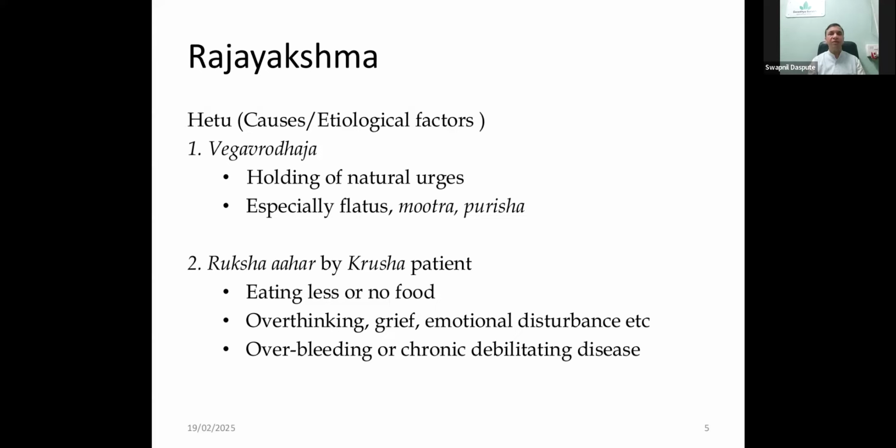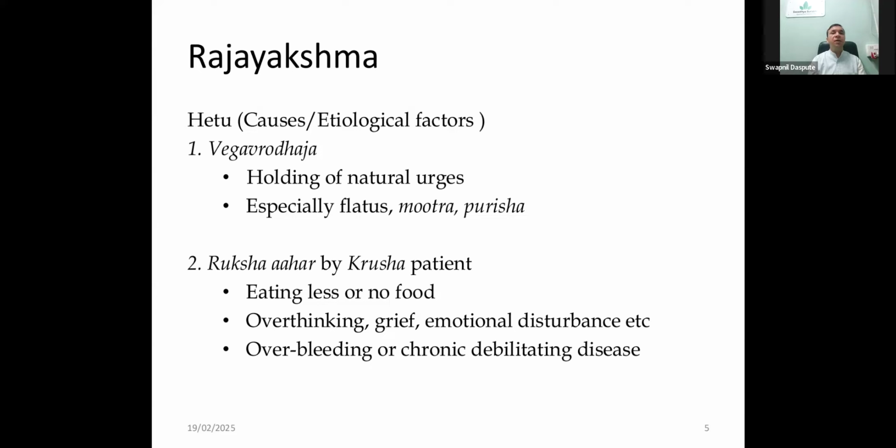If you have done a lifestyle change or taken a food item opposite to the concern, then it will subside immediately or over some time. So, holding of natural urges, especially flatus, mutra, purisha, is one of the strong causative factors for Vegavarodhaja or Vegavarodha Janya Rajayakshma.